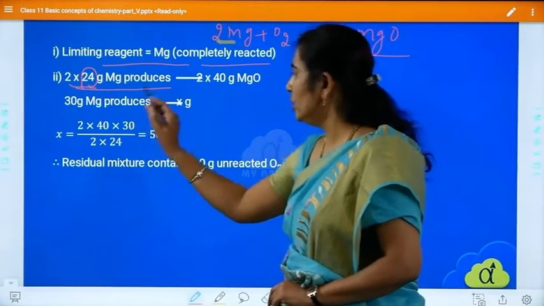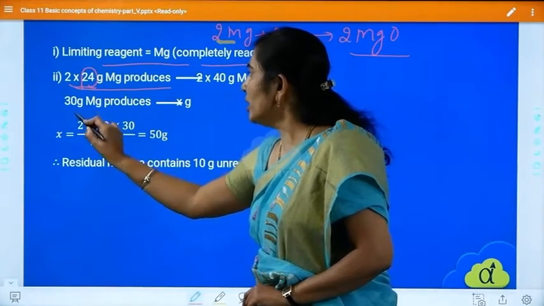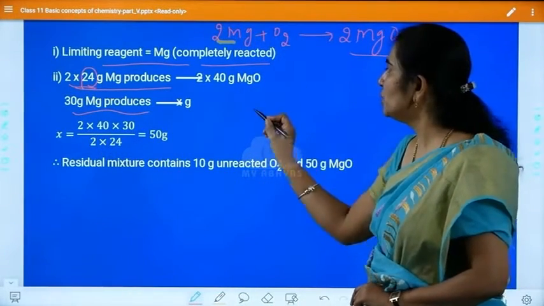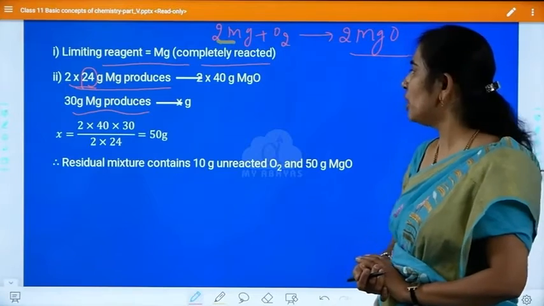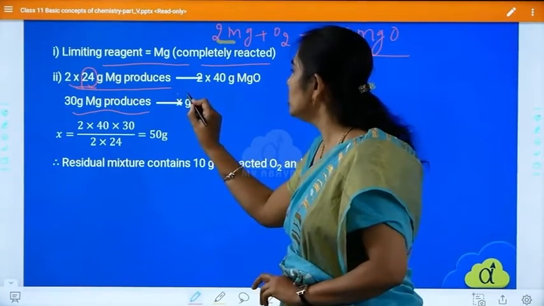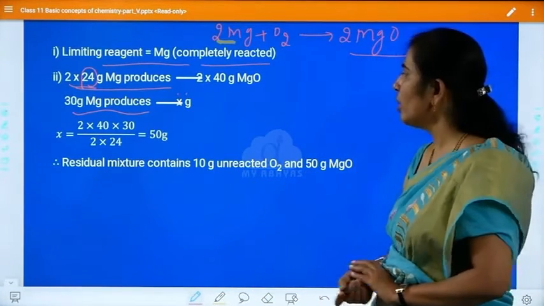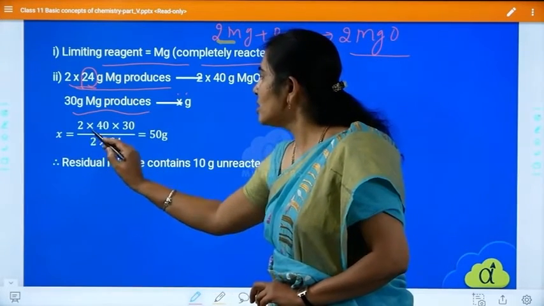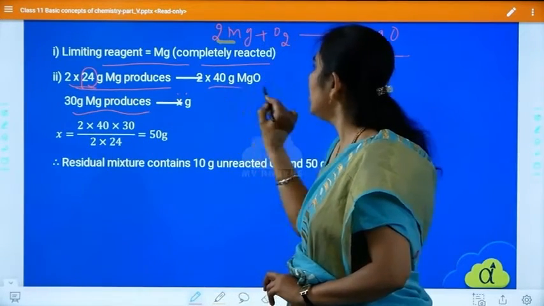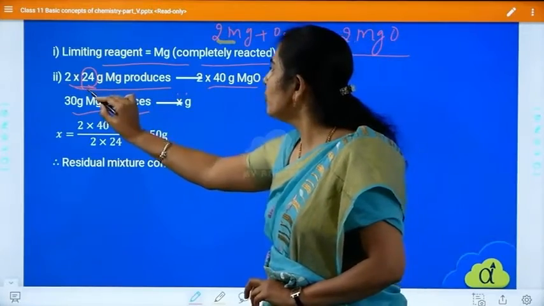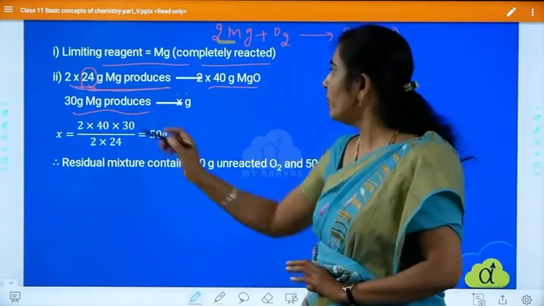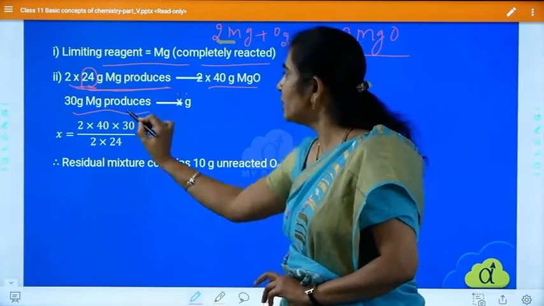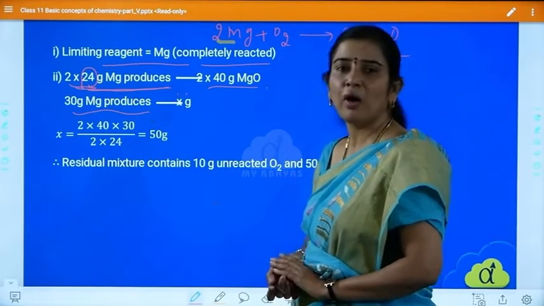Right? So if it is the case, 30 gram of magnesium produces how many gram of magnesium oxide? See, this you assume as X. So X you can calculate easily. X is equal to 2 into 40, which we get from 48 gram of magnesium. So for 30 gram of magnesium, how much?